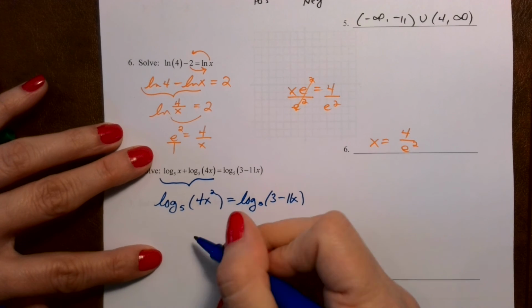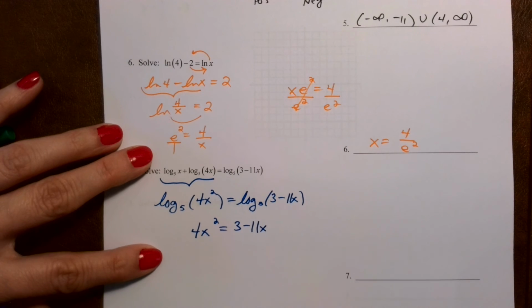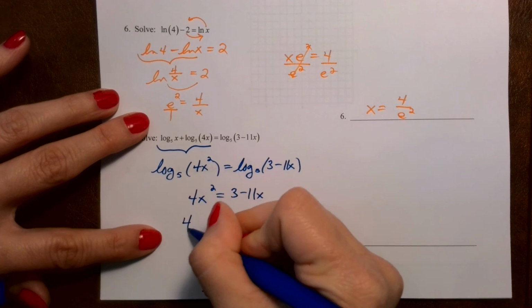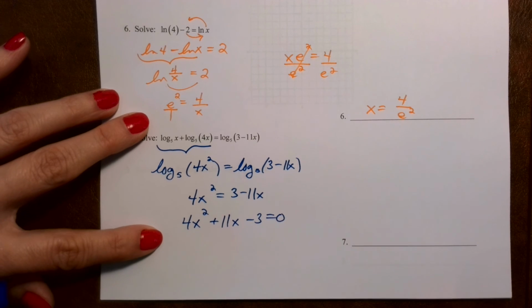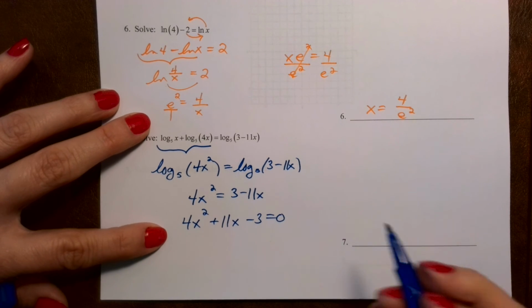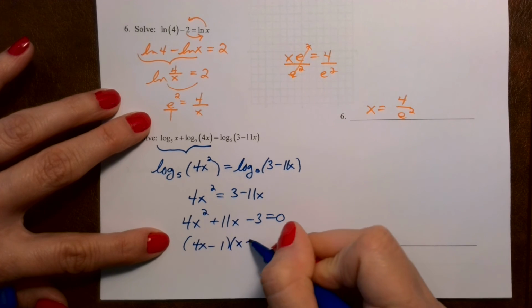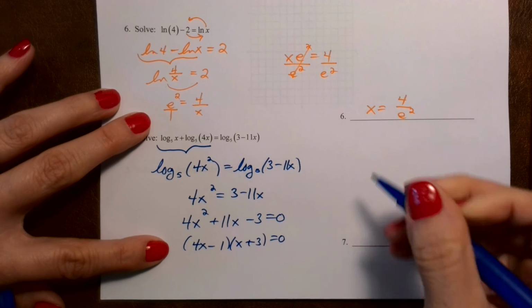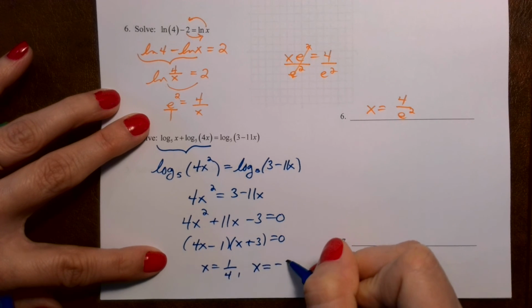That means the of's are equal. And I end up with a quadratic equation. I solve quadratics by moving everything over to one side and then hope that it factors. This one does factor into 4x minus 1 times x plus 3. So the solutions are 1/4 and -3.